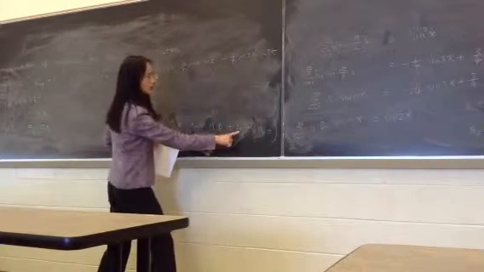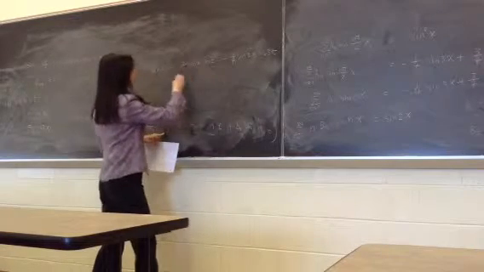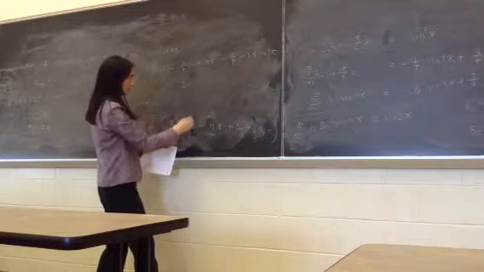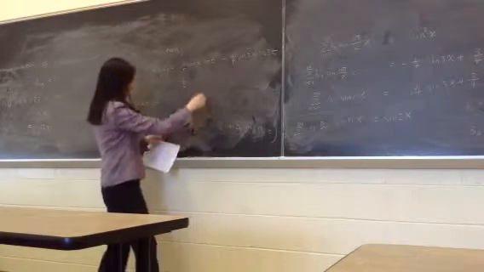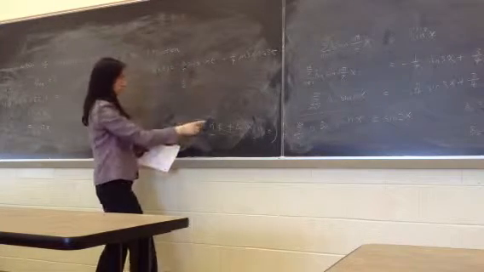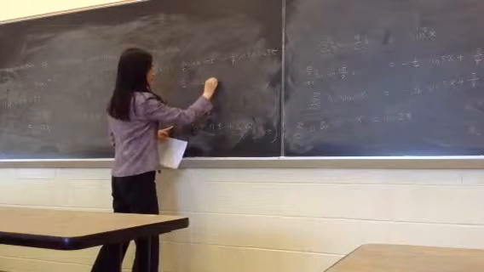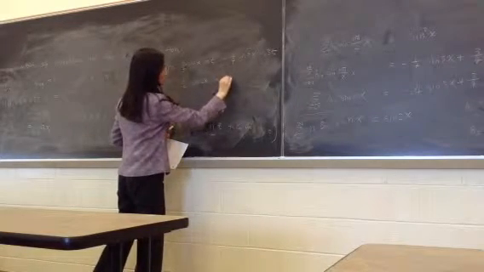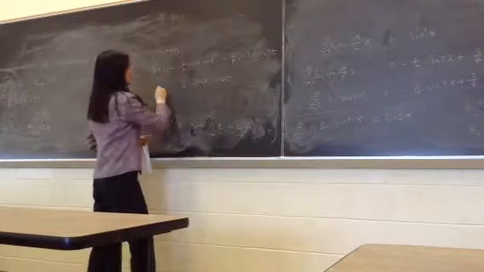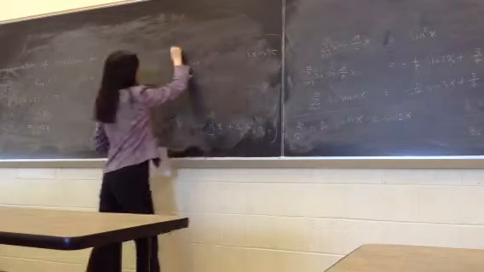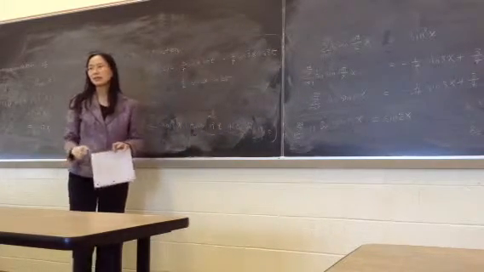B2 is half. So we should have half times sine 2x, sine 2t. Okay, that's all. So we have only 3 terms.